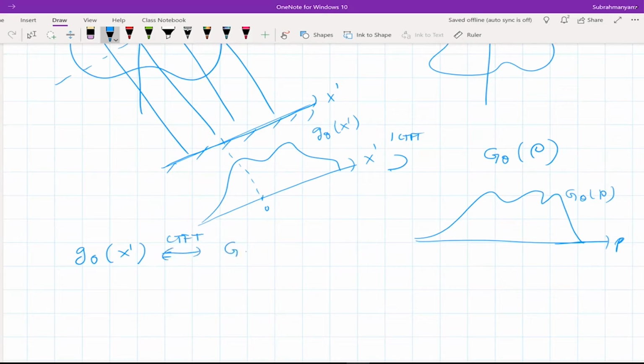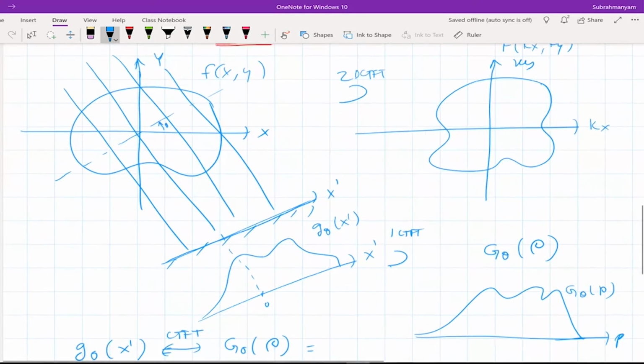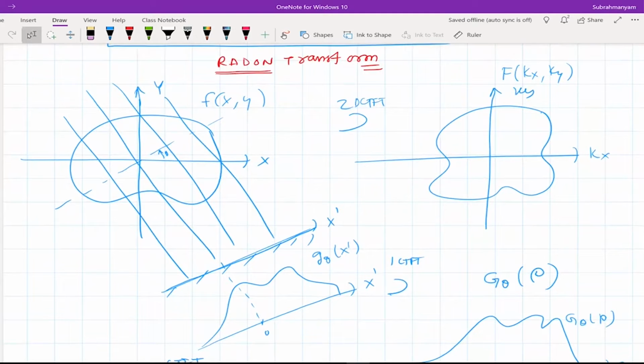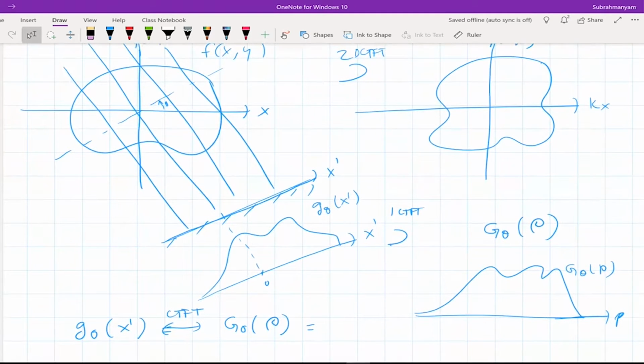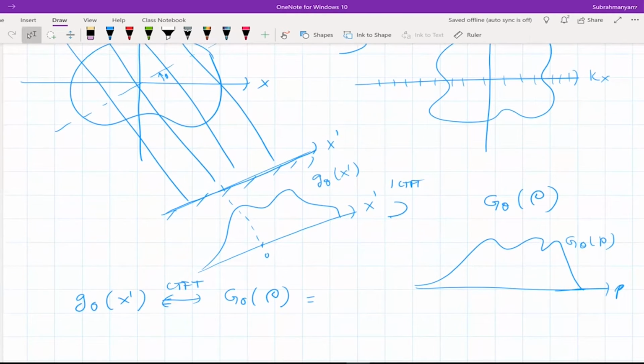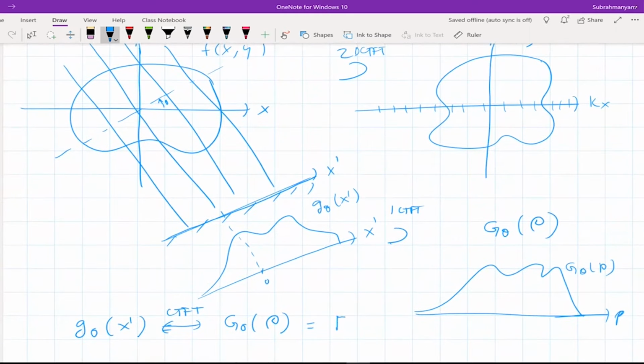Let's call it G0 of rho, for varying rho. What did I get there in terms of F of kx, ky? Hope you all remember that. This would correspond to the kx axis, is it not? So this would give you along this axis. So that is equal to F of, how do you write it?